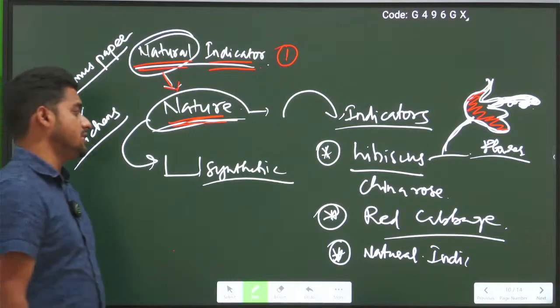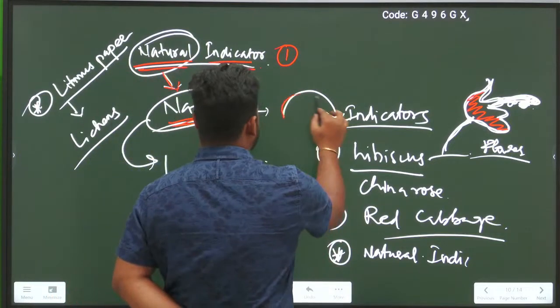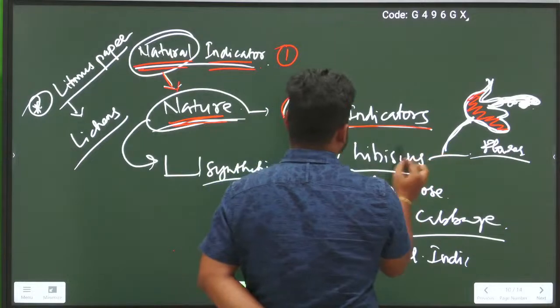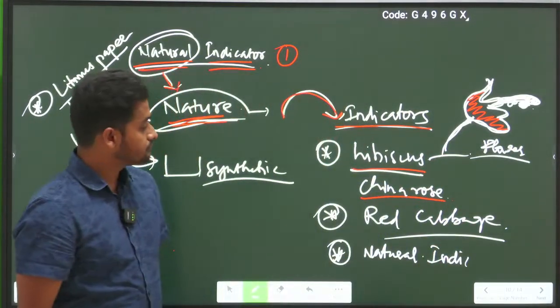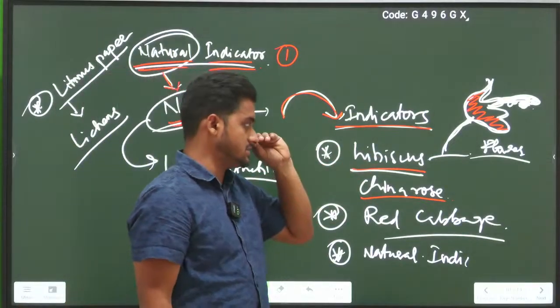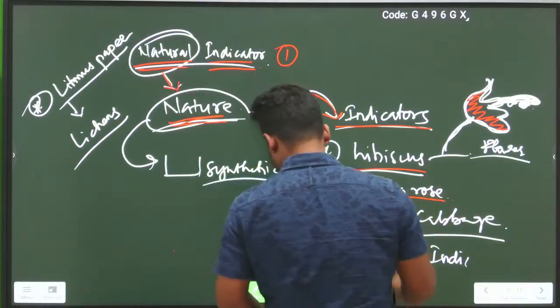So examples of natural indicators are hibiscus, which we can call China rose.